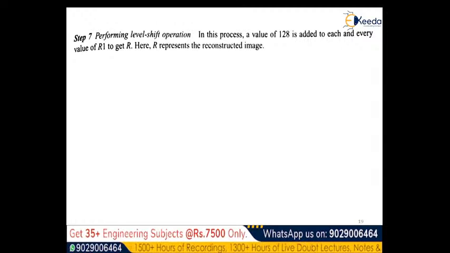And this time whatever R1 we have, we shall add 128 and obtain capital R as the reconstructed image here. So let us have capital R is equal to R1 plus 128. R1 is of the order 8 by 8. So we create one matrix of again the same order 8 by 8 with all the values, 64 values, with the same 128 as the value here.